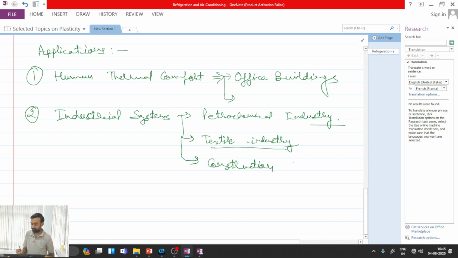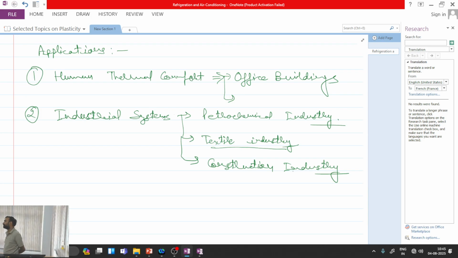Construction industry. Can you tell me what could be the application in the construction industry? Air cleaning, okay. Anything else? If only air cleaning is there, and all the four things are not done simultaneously, then it's not basically air conditioning.